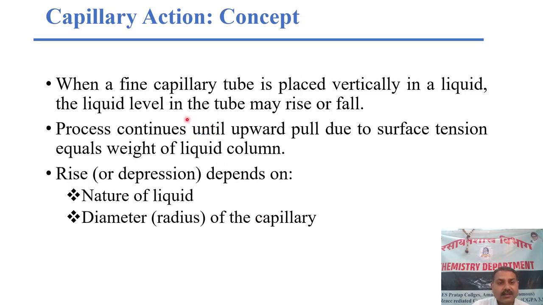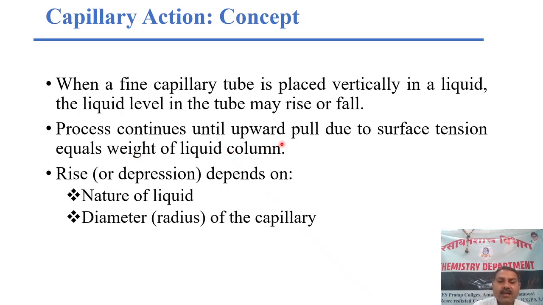Capillary action. When a fine capillary tube is placed vertically in a liquid, the liquid level in the tube may rise or fall. There may be two possibilities: either the level of the liquid in the capillary may rise or it may fall. The process continues until the upward pull due to surface tension equals the weight of the liquid column.